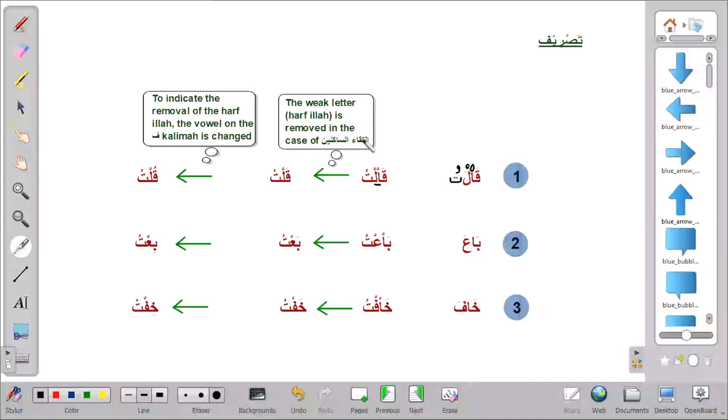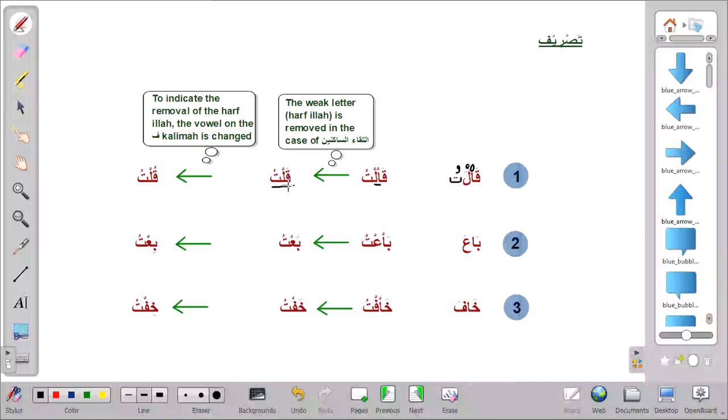We have to remove the alif to be able to pronounce it. So the alif will sacrifice and go away, so that it will now be pronounceable. If you remove the alif, it will now be qultu. I hope that is clear. So we have removed the alif.